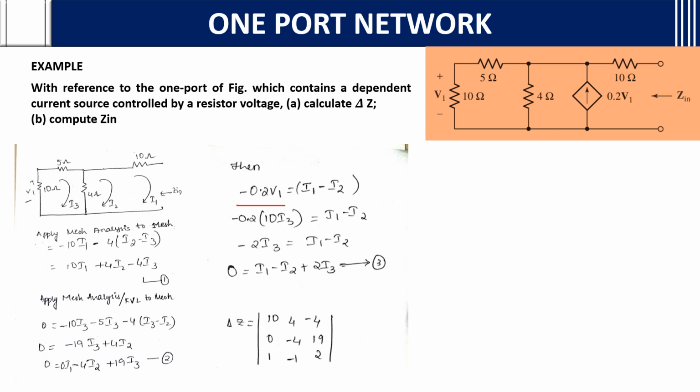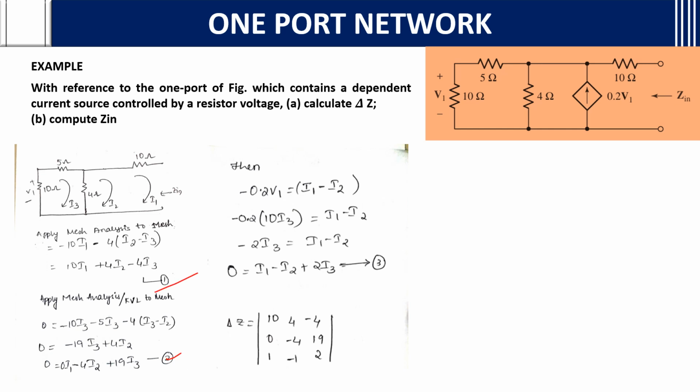This is in the same direction, so you take plus I1. Then this is in the opposite direction, so you take minus I2. Then I1 minus I2, if you rearrange them, you get 0 is equal to I1 minus I2 plus 2I3.